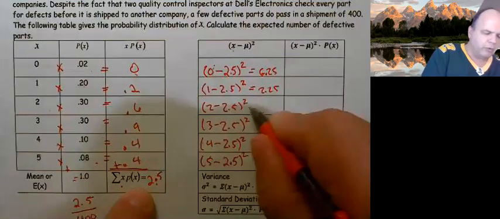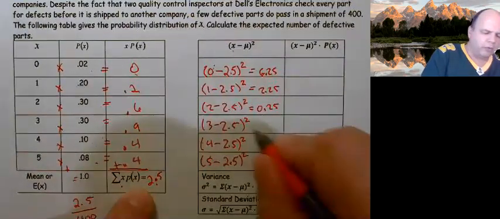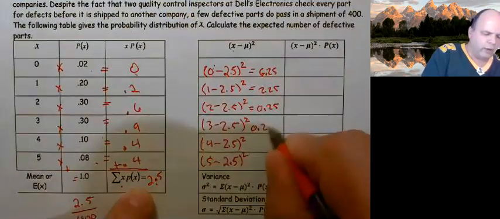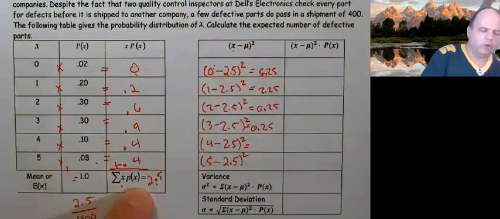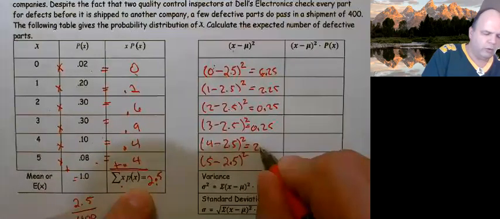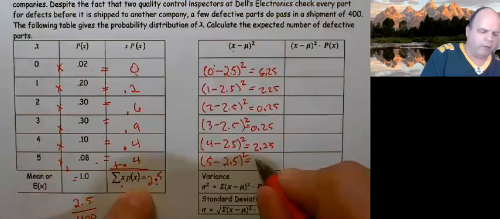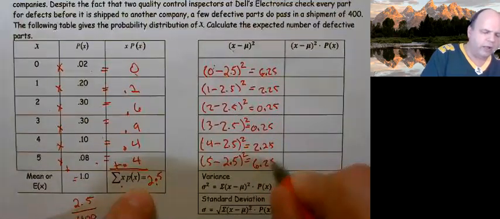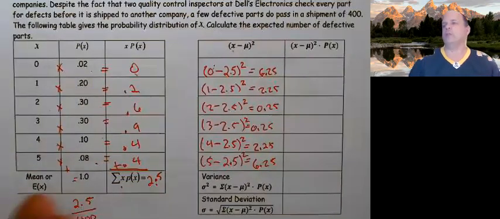This becomes 0.25. This becomes 0.25. This becomes 2.25. And this becomes 6.25. Now, please note, this ended up being symmetric, but it's not always going to be that way.